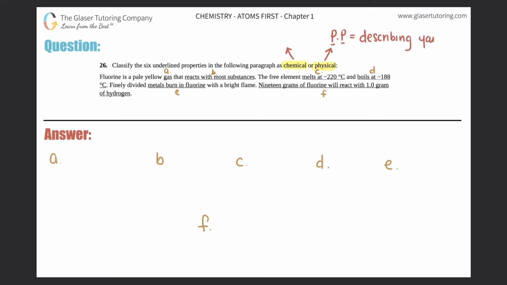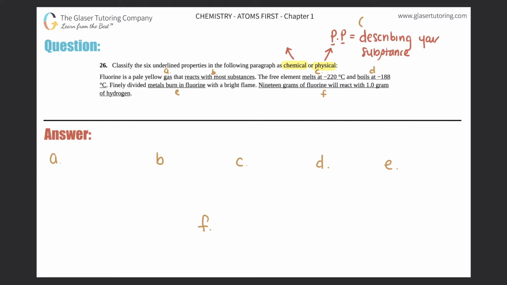your substance. And I say substance lightly. It could be a molecule, an element, a compound, or a mixture. So a physical property is just describing things about your substance.